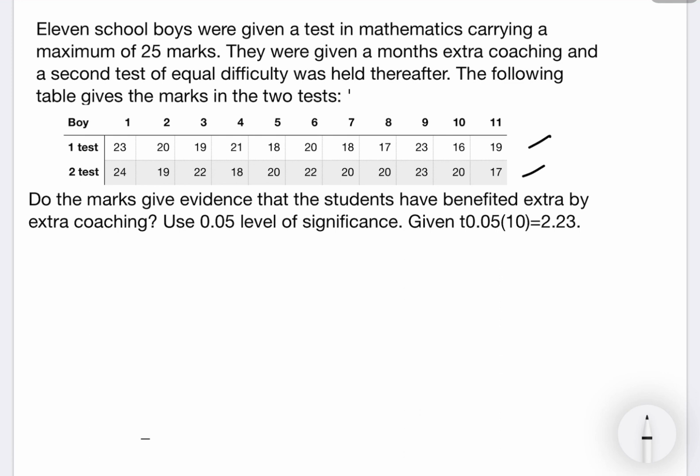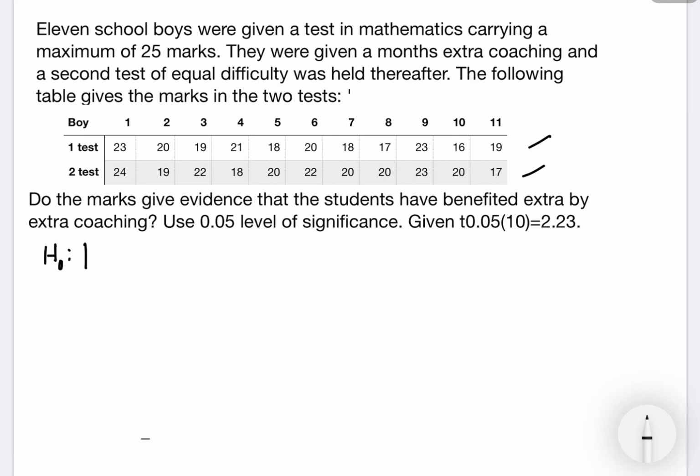Do the marks give evidence that the students have benefited by extra coaching? And they're asking us to use a given level of significance, and the critical value is given. So here we can state the null hypothesis as the students are not benefited.